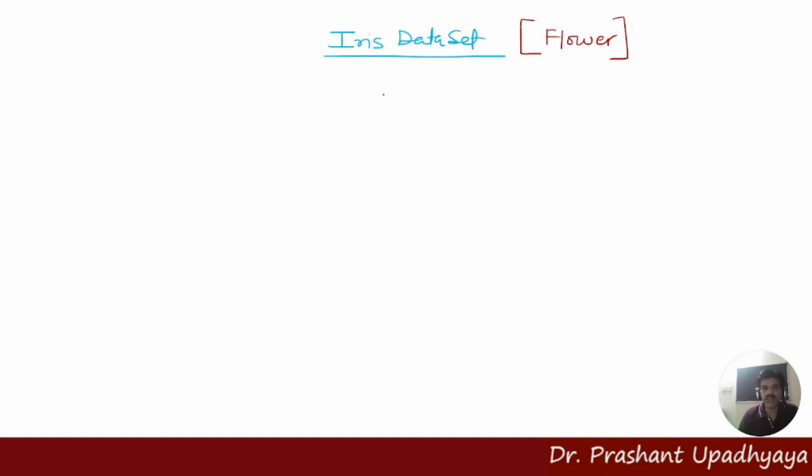In this iris dataset, we have got three categories of flower. I'm giving the names F1, F2, and F3. And each flower has got 50 samples.